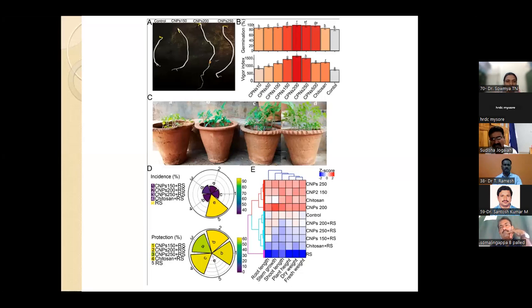So this is a very clear indication that, unlike our systemic fungicides, which have promising results but also some residual effect and toxicity, nanoparticles can be a replacement to overcome this. Of course, not in a very rapid way: first applications at a smaller scale, then go for larger scale applications.